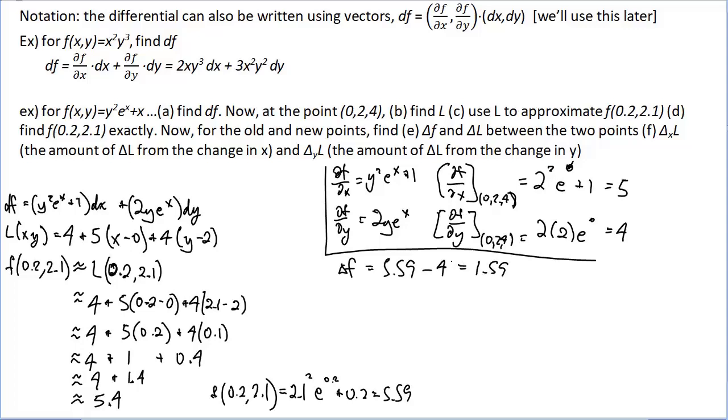That was 1.59. Now compare that with delta L. So delta L is the final L value, which was 5.4, minus the original L value, which is just the original Z value, which again is 4. And that's 1.4.